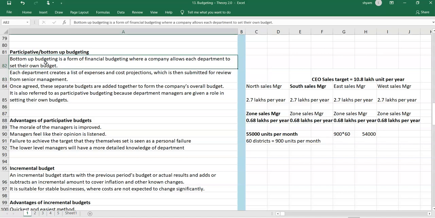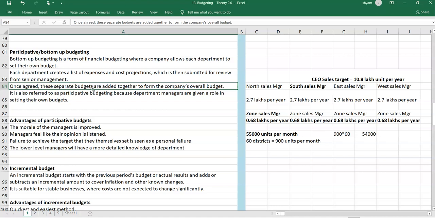Bottom up budgeting is a form of financial budgeting where a company allows each department to set their own budget. Each department creates a list of expenses and cost projections, which is then submitted for review by senior management. So each manager will create a budget and give it to the top management for approval. If these are not agreeable, they will negotiate the numbers again and it will be approved.